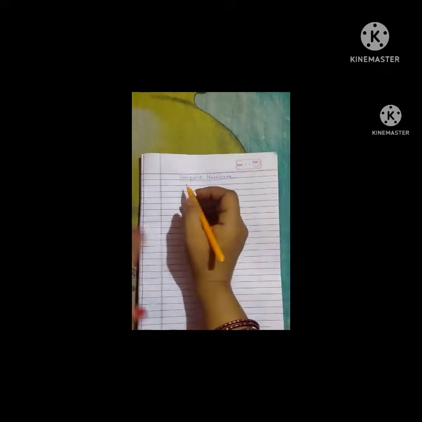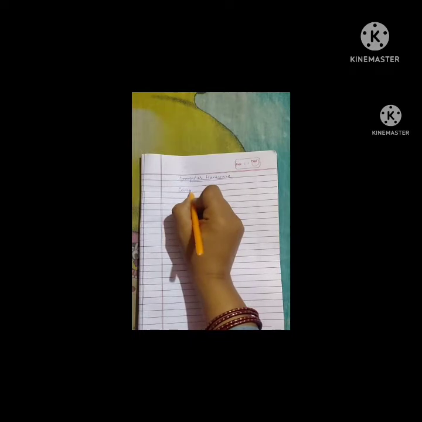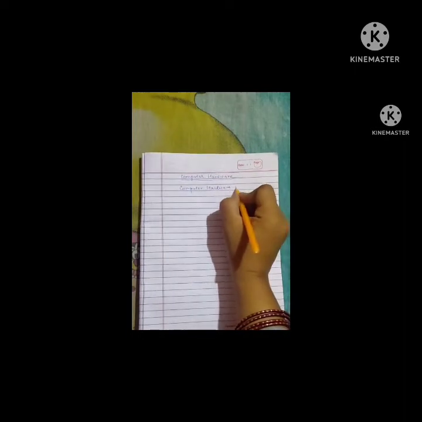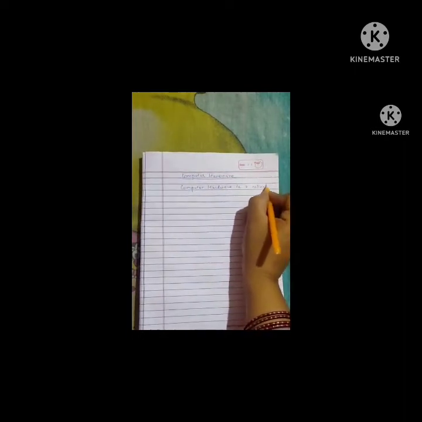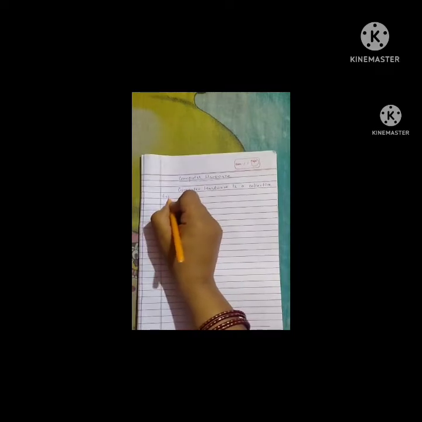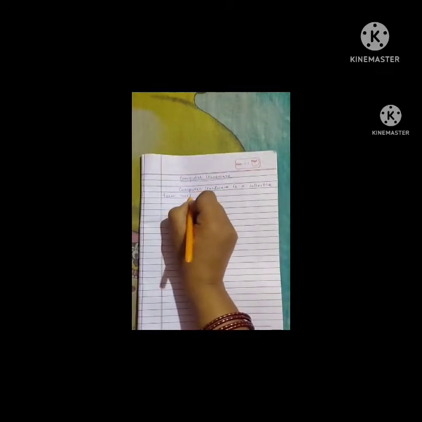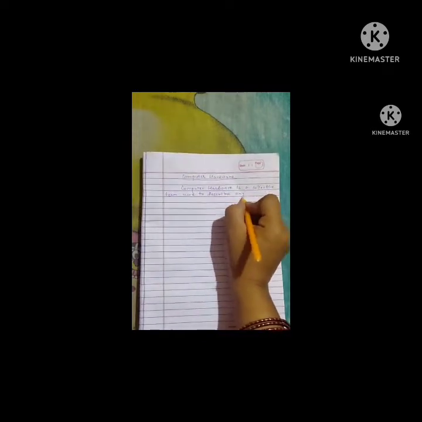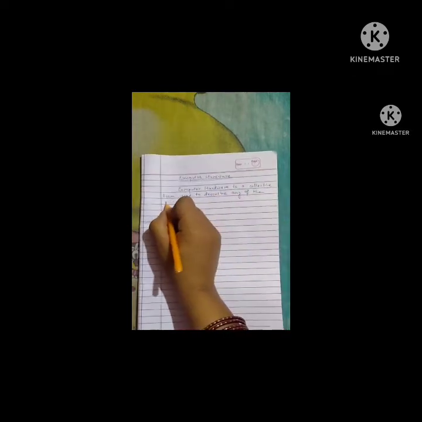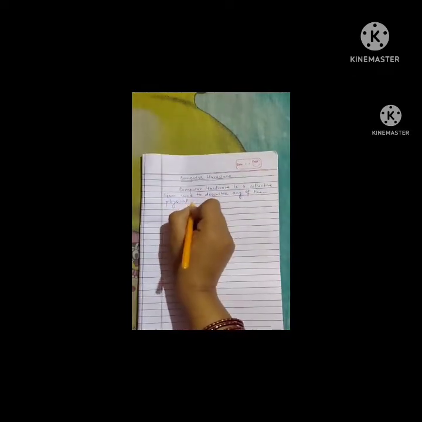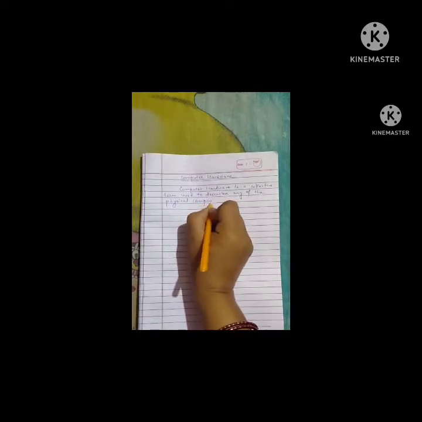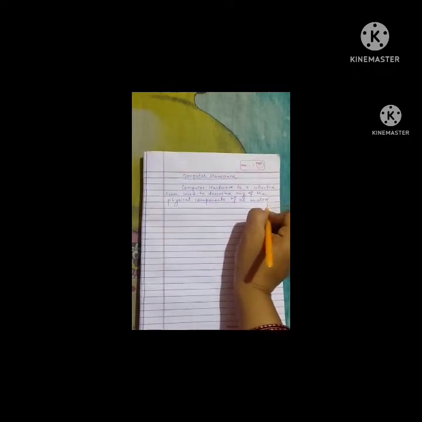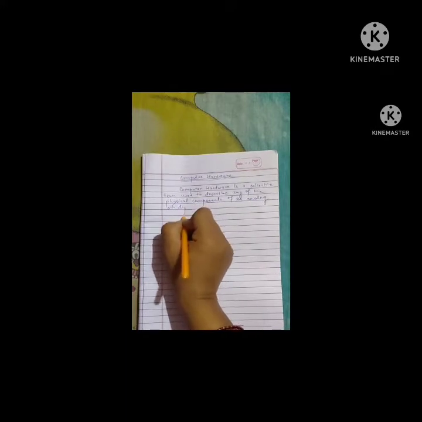So we can write it down as: computer hardware is a collective term used to describe any of the physical components of an analog or digital computer.